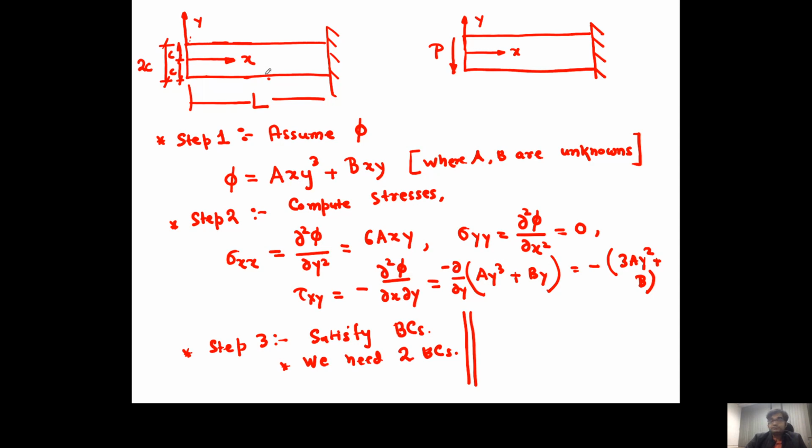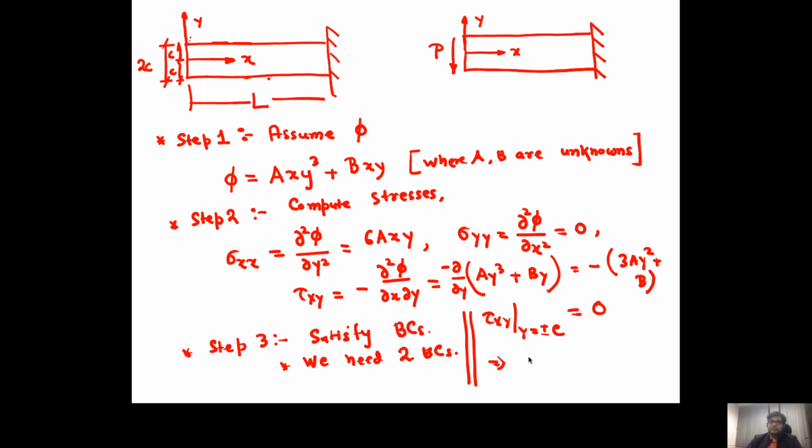Because shear happens when one surface slides over another surface. Since those are free ends and there is nothing that can slide over them, the shear stresses at those points will be 0. So the first boundary condition is tau xy at y equal to plus minus c is equal to 0.